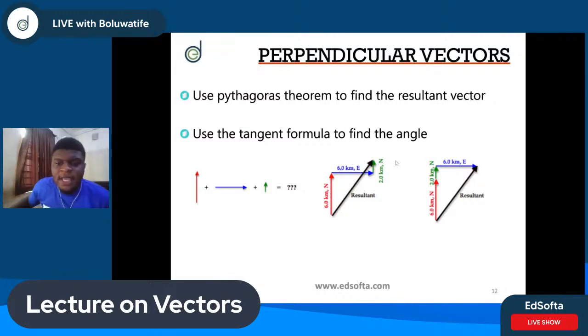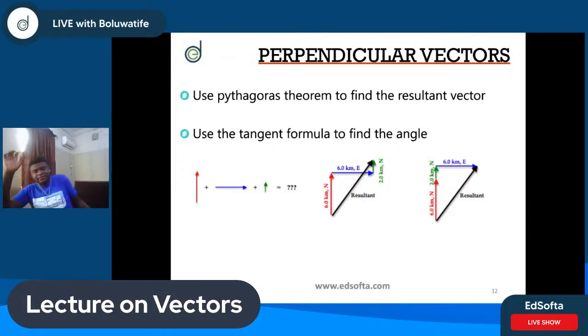Now, if I were to resolve this, if I were to add them, because these two are going in the same direction, I can have 6 plus 2, which gives me 8.